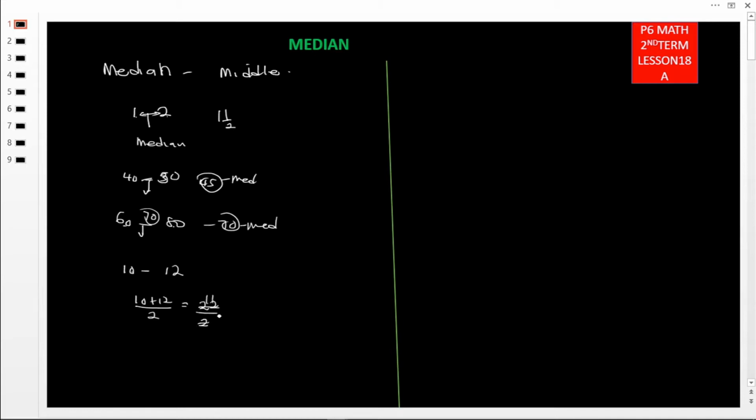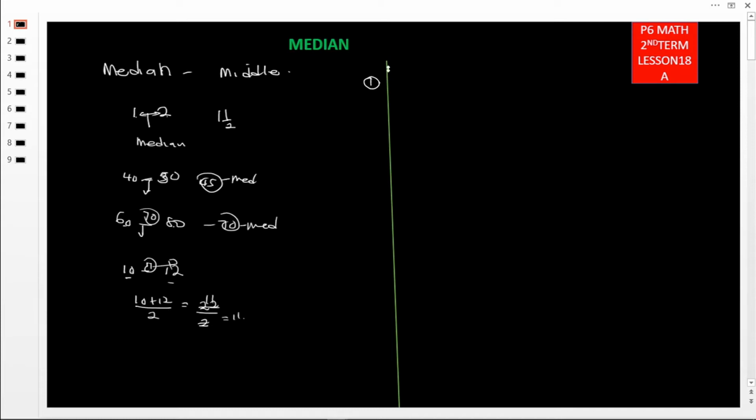So what are we going to get? We are getting 11. So the number between 10 and 12 is 11. So 11 becomes our middle number, or the median. Therefore, what we call median, we are always looking at the number which is in the middle of the given data. Alright, so let us get some examples and see how we can go about this median.